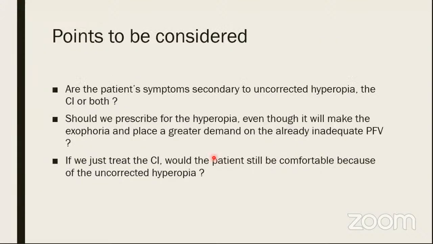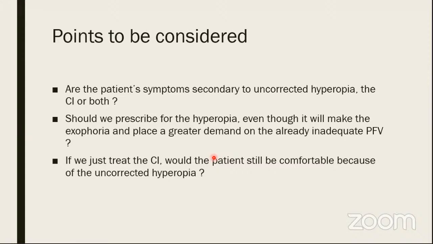So plus 1 or plus 0.75, you can make a partial correction and do VT and treat the dysfunctions. Then in the long run, we will go for the full prescription of that hyperopia, because with VT we cannot decrease the hyperopia.